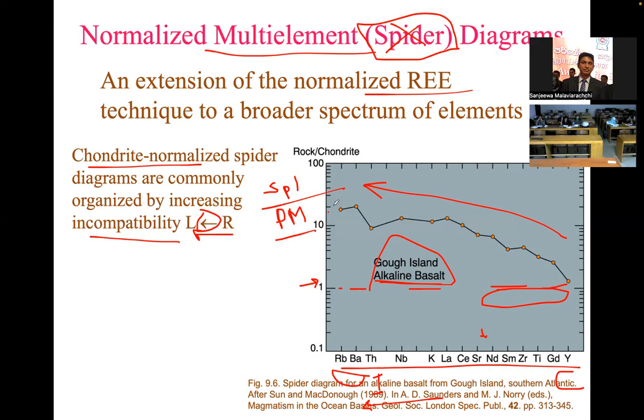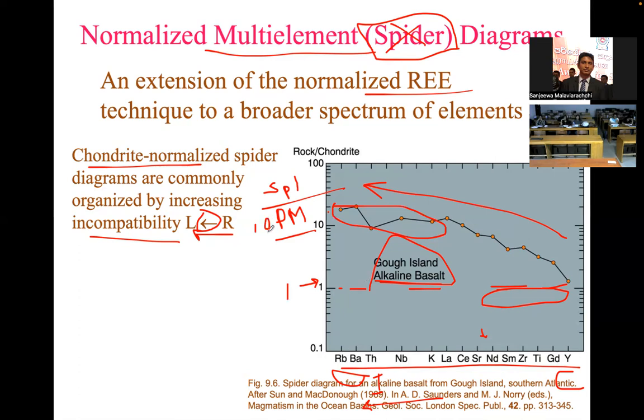Because you see here the incompatible elements, its composition is like 10 times greater than the compatible elements. While compatible elements are 1, incompatibles are about 10, right? They are about 10. So that means 10 order of magnitude difference.